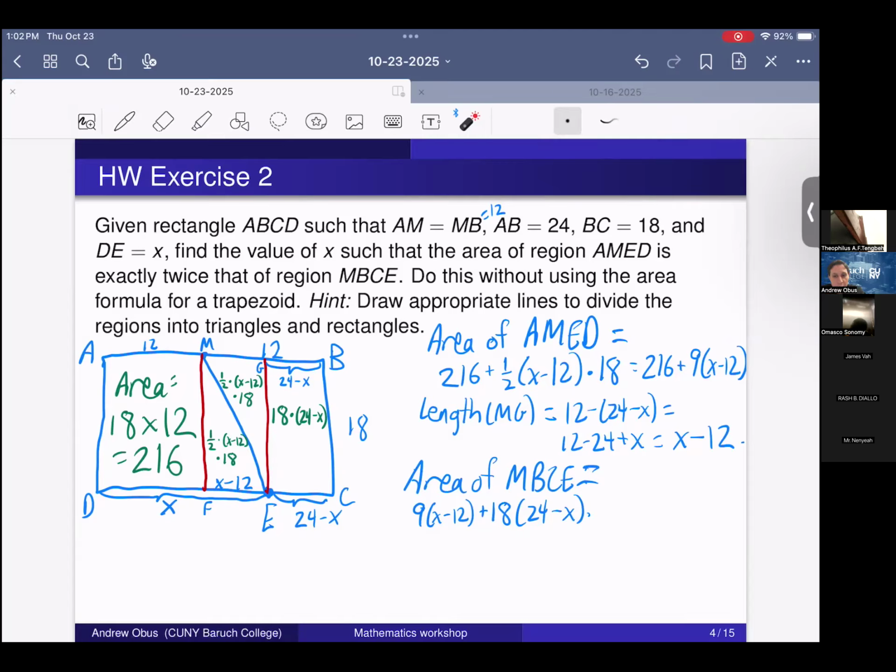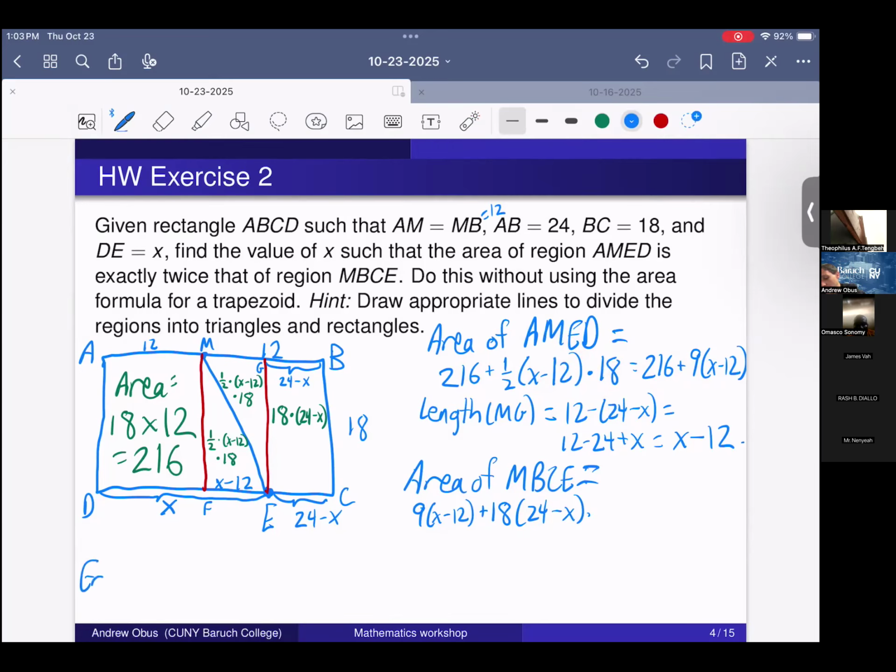So now what do we want to do? Well, the question says, what should x be so that this area is twice as much as this area? So we have to take this first area over here and set it equal to twice as much as the other area.